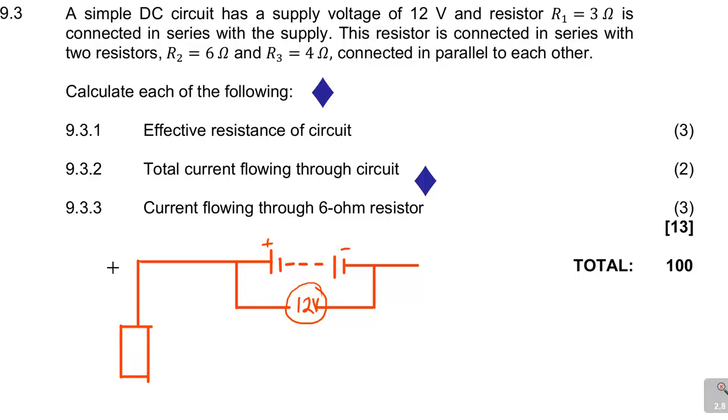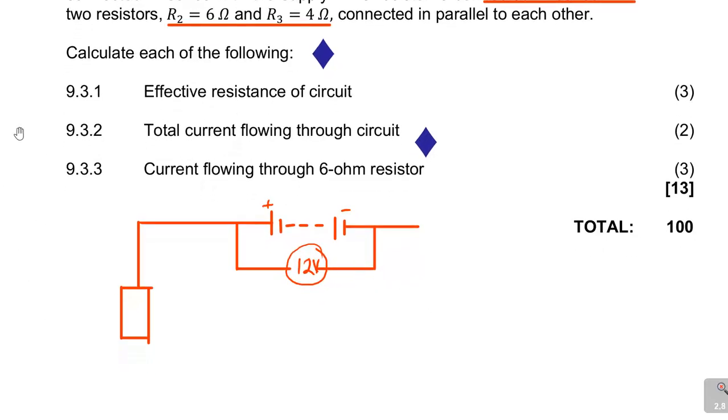But now, they're saying the resistor is in series with two resistors, these two in parallel. So I can then move on to do this. I'm just trying to show you the different variables that I could have done there. Then these two are like this.